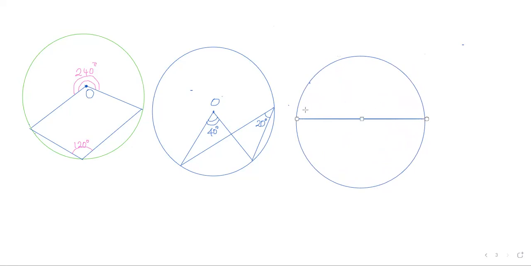That's a diameter. It goes through the center of a circle.